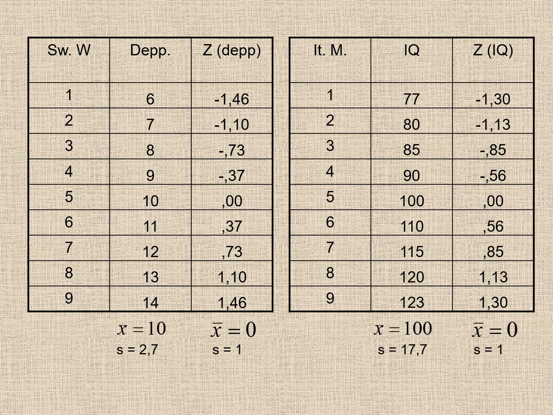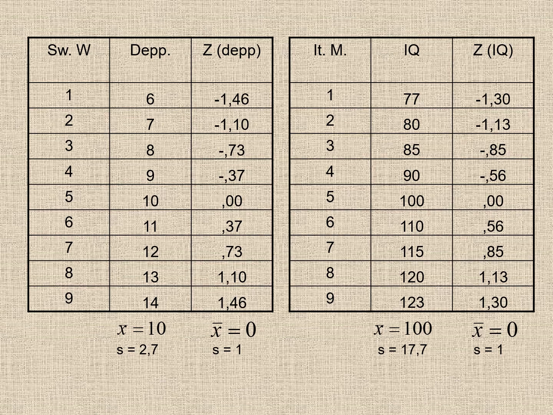This means that the value 6 is 1.46 standard deviations below the sample mean of 10. And another example, person 7 has observed depression of 12. If you take 12 minus 10 and divide by 2.7, we get the value of 0.73. It means that this observed value of 12 is 0.73 standard deviations above the sample mean of 10.